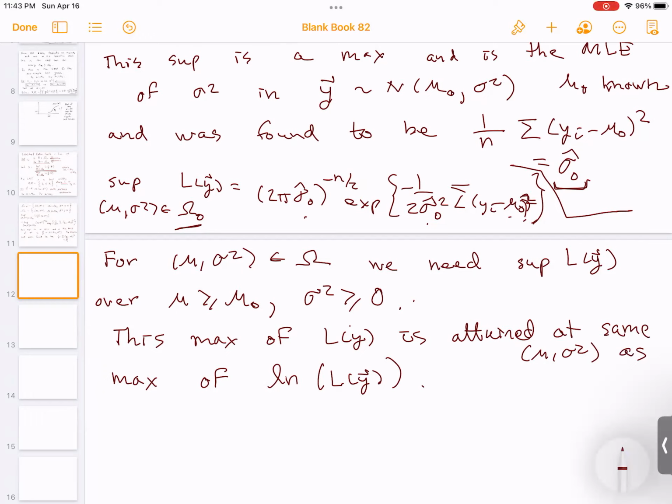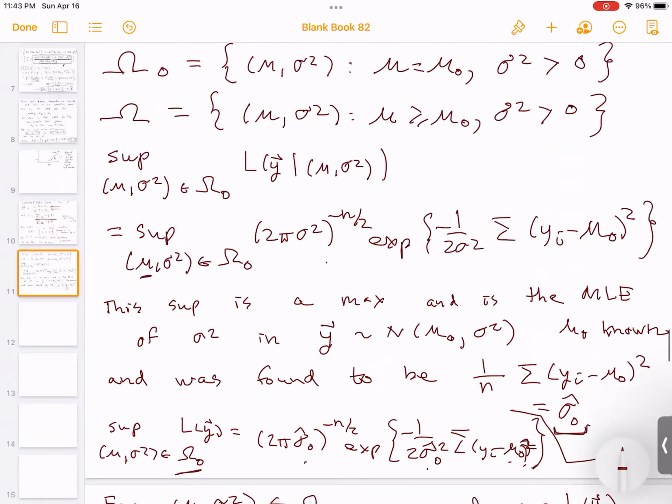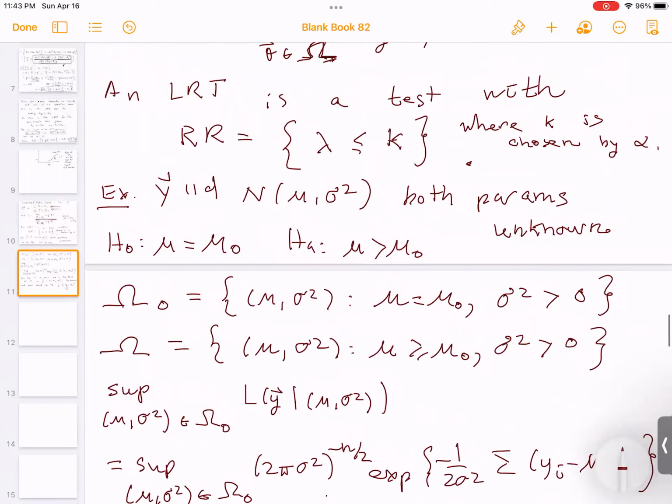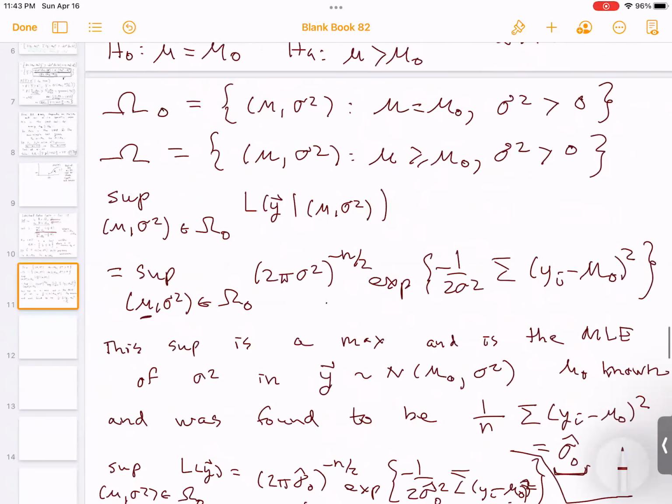Okay, so let's take the log of it. So let's call this little l of y, which equals, so taking the log of the likelihood function here. Well, we know what it is, right?